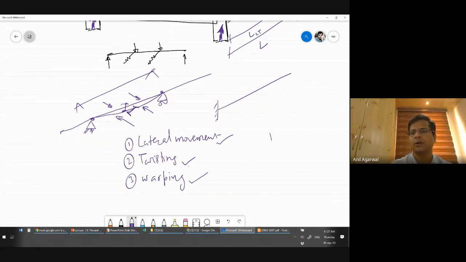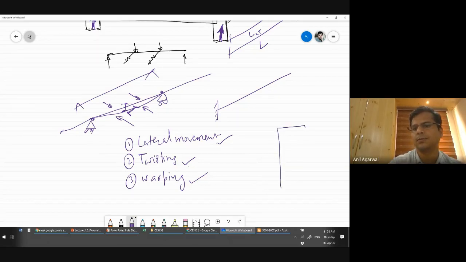So you may remember, if I'm looking at a beam from the top and this is the top flange of the beam, warping basically meant that the top flange goes this way and the bottom flange goes the other way, correct? I think I have exaggerated the deformations a bit too much.